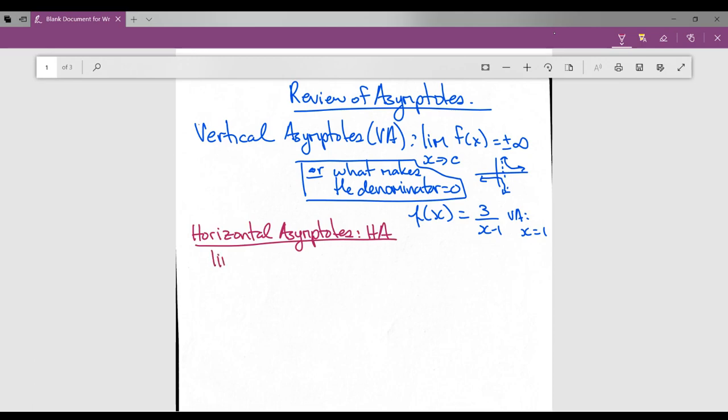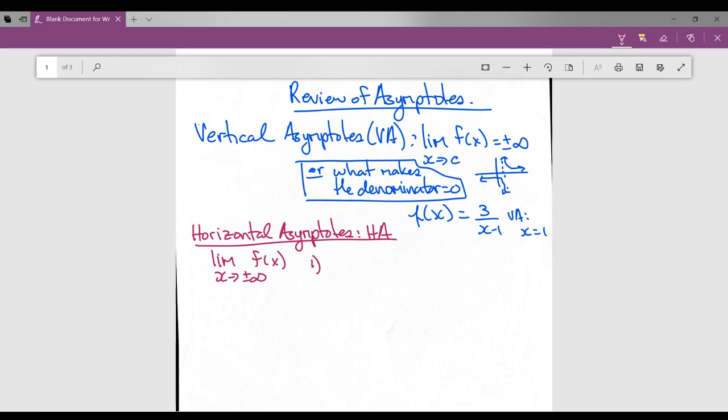Formal definition is what is the function doing as you go to positive or negative infinity. There were three rules that you learned in Math 12 for that. I'm going to quickly summarize them.